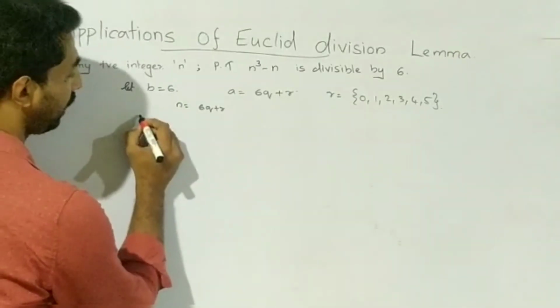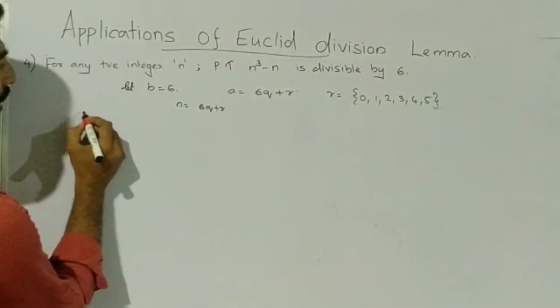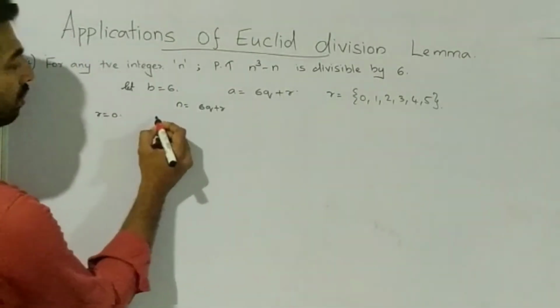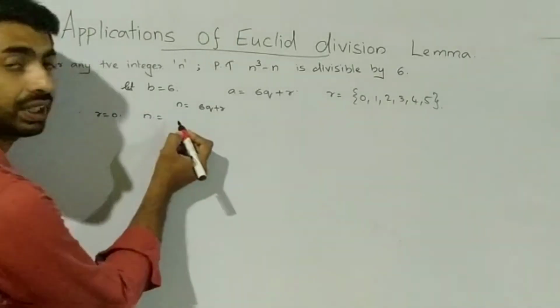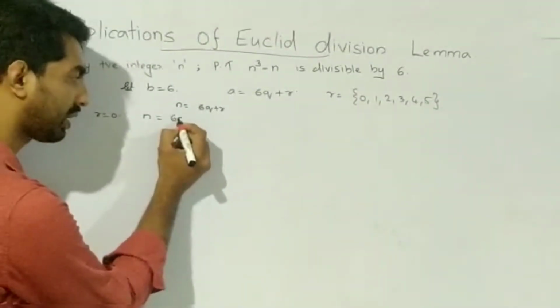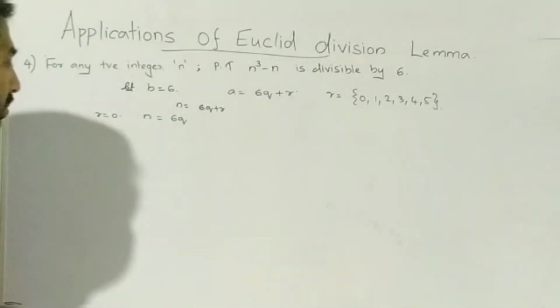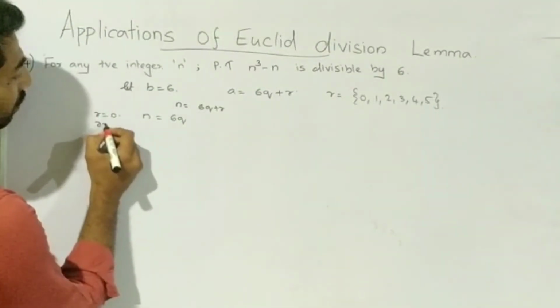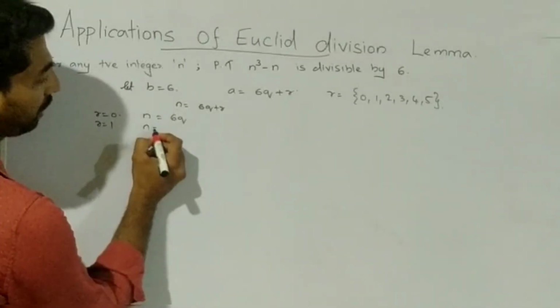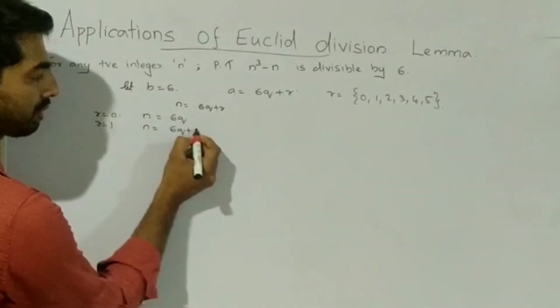Where r is equal to 0, n is equal to 6q plus 0, or 6q. Then r is equal to 1, n is equal to 6q plus 1.